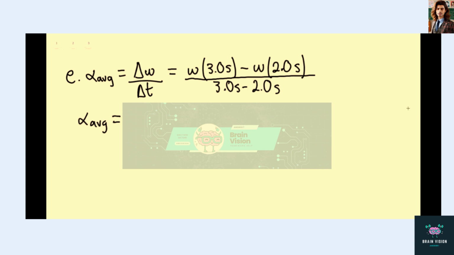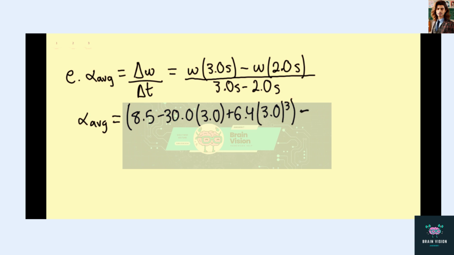So this would be 8.5 minus 30.0 times 3.0 plus 6.4 times 3.0 quantity cubed, close parentheses, minus 8.5 minus 30.0 times 2.0 plus 6.4 times 2.0 seconds quantity cubed.